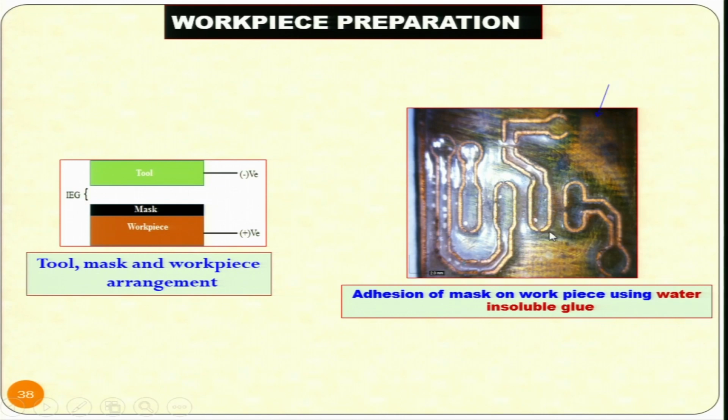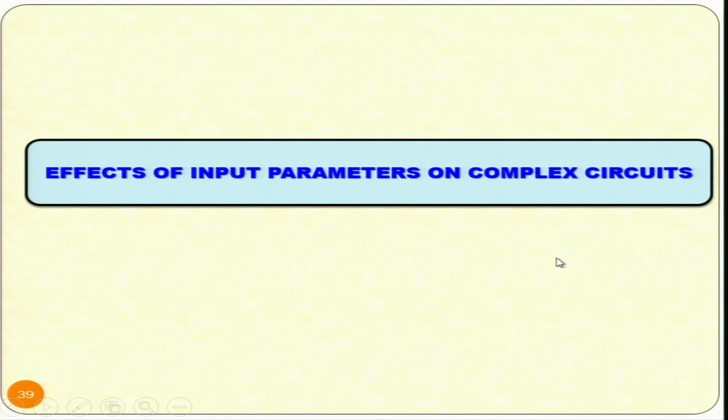So, this was not done properly, but later on one can remove these parts and glue the mask on the sheet, so that you get a proper printed circuit board. Effects of input parameters on complex circuits.